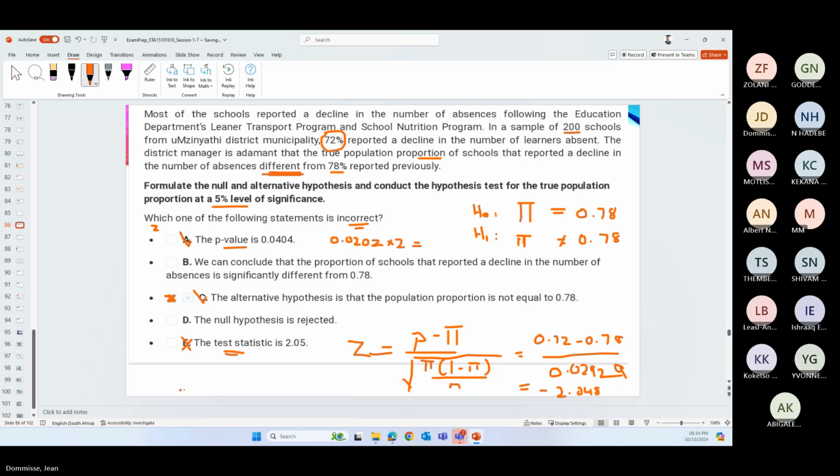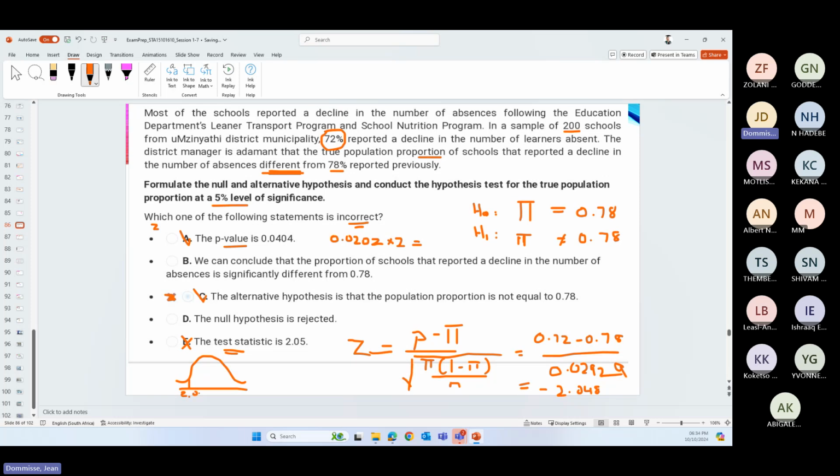And then let's just see. Now that we have that, we can conclude that the proportion of schools that reported a decline in the number of absences is significantly different from that.